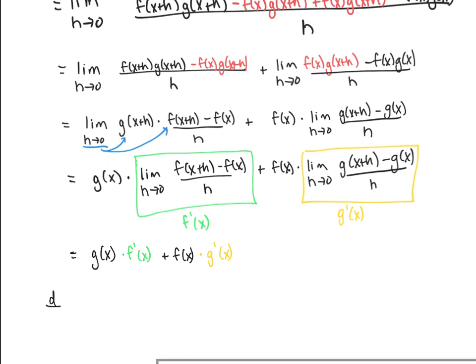So our final conclusion is if I take the derivative with respect to x of an f of x times a g of x, I'm going to rewrite this just a little bit. I'm going to write the second term first, so f of x, g prime of x, plus g of x times f prime of x.